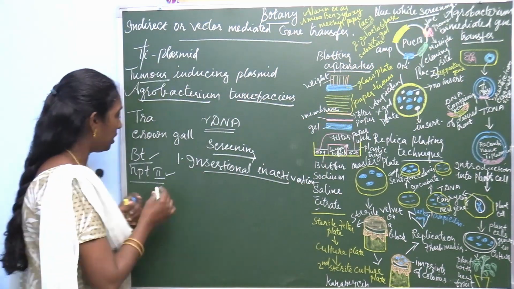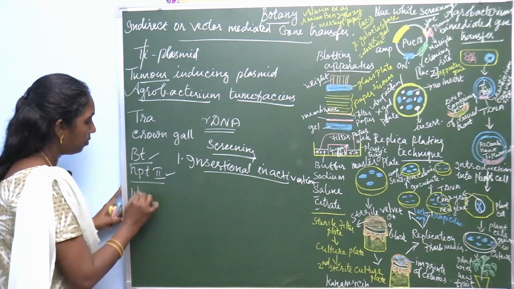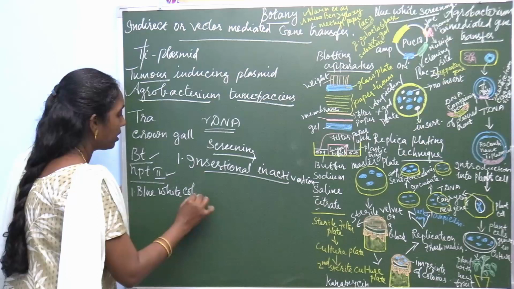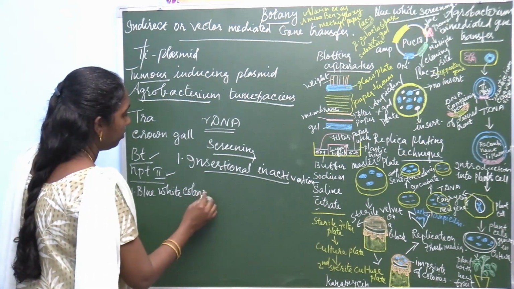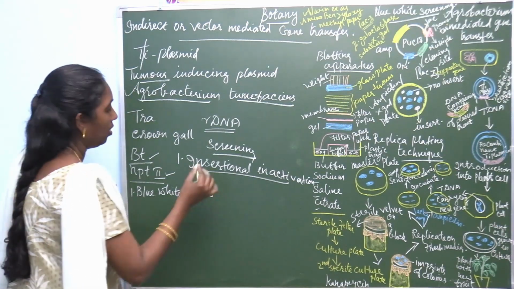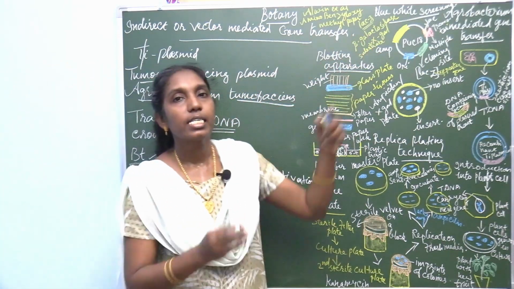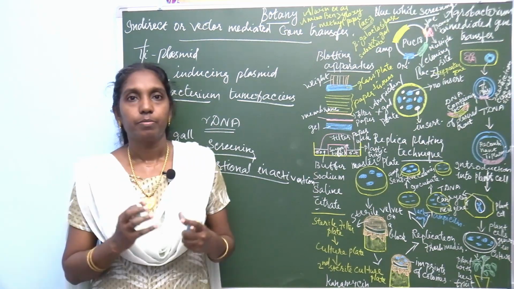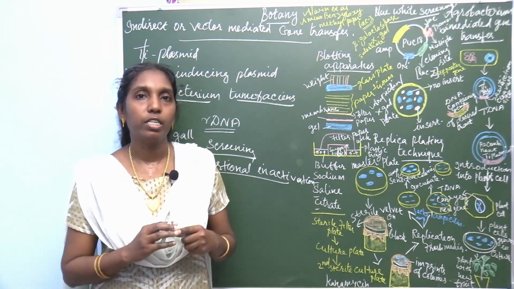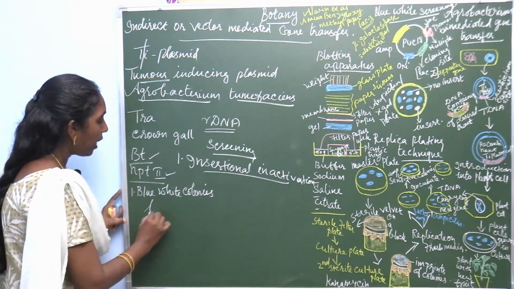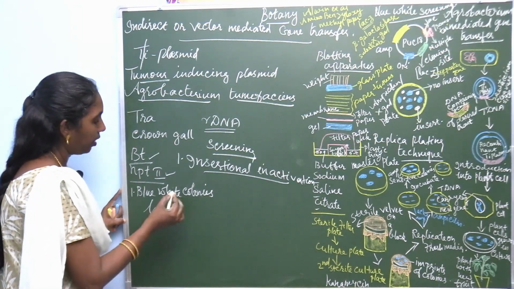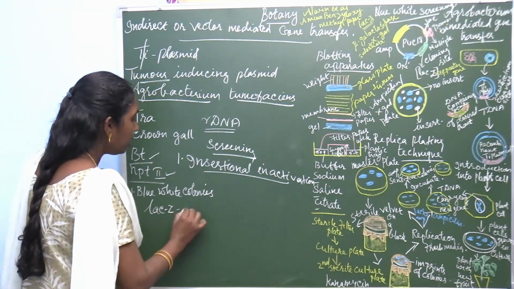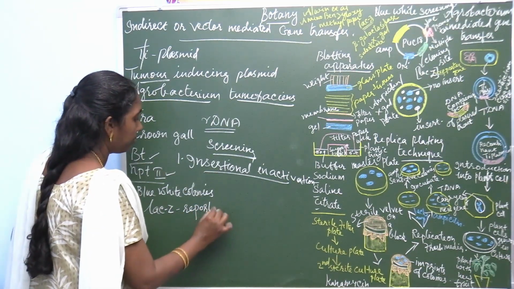The first method is blue-white colonies, or the blue-white screening method. Here there is a reporter gene called LAC-Z.